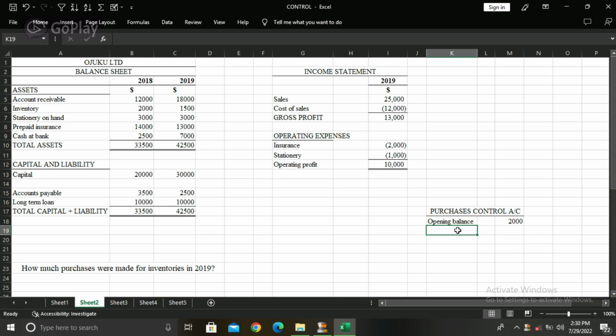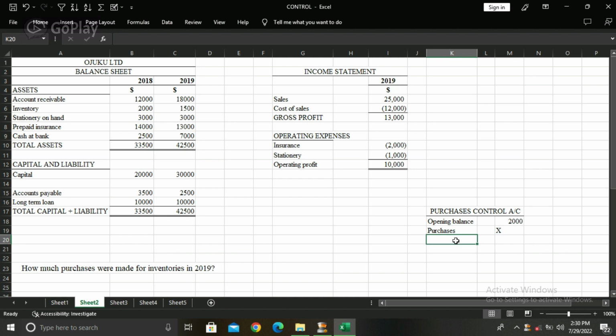So we add purchases for the year to it. Yes, so how much did we purchase during 2019? That is what we do not know, and that is what the question is asking us to find. So we represent that one by X.